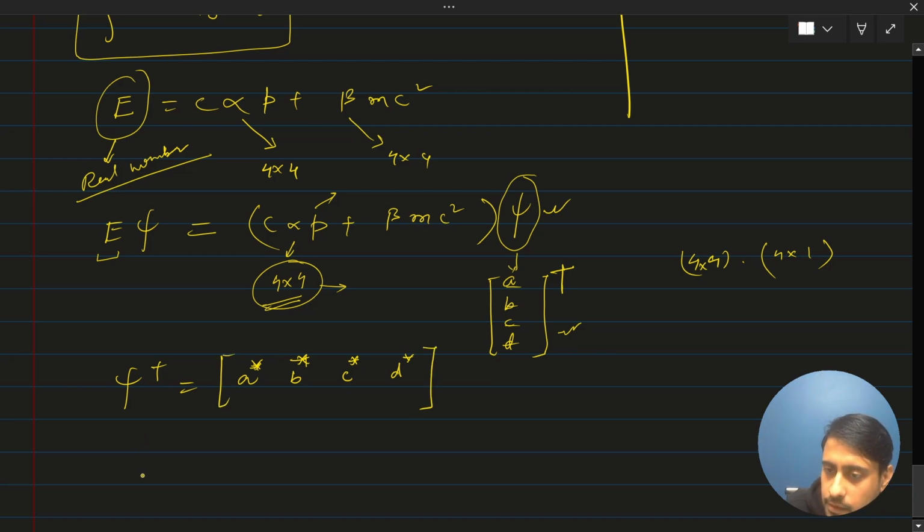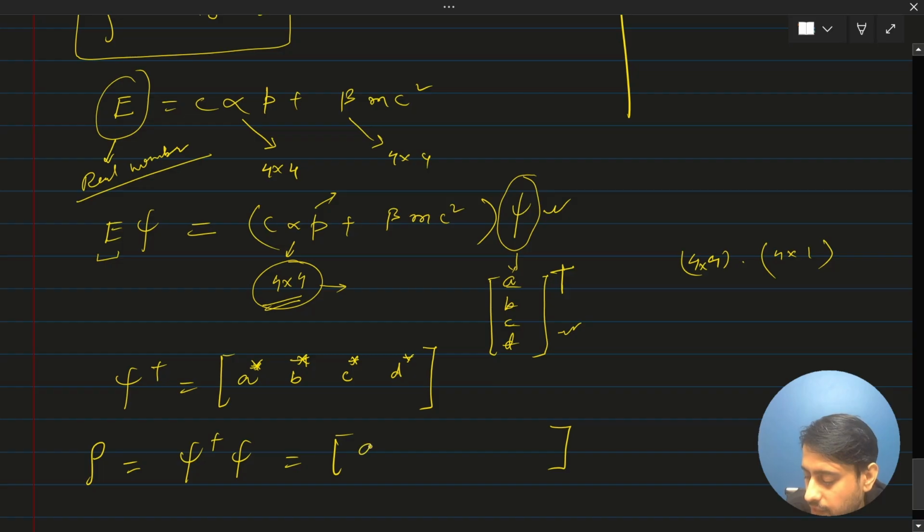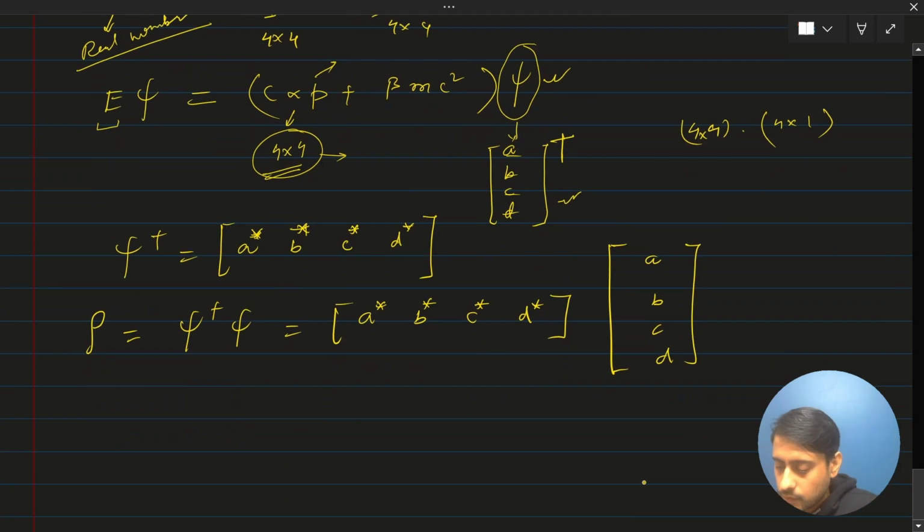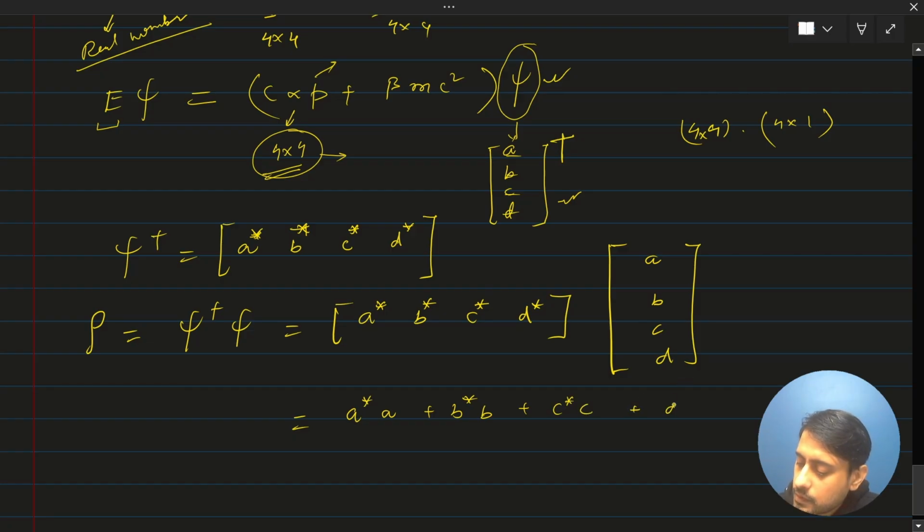If you multiply the two, we can find rho, psi dagger psi, given by the multiplication of the row and the column matrix, multiplied by this A, B, C and D. This will give you A asterisk A plus B asterisk B plus C asterisk C plus D asterisk D. And you know that when a complex number is multiplied with its conjugate, this will give you a real number.